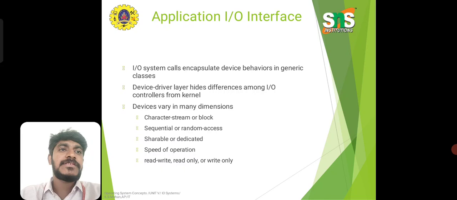The next topic is the application I/O interface. I/O system calls encapsulate device behavior in generic classes.